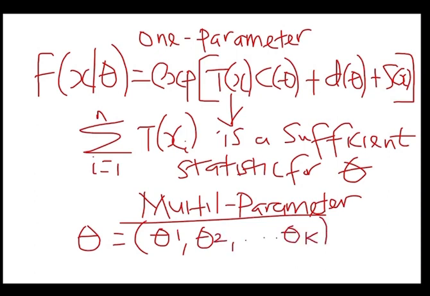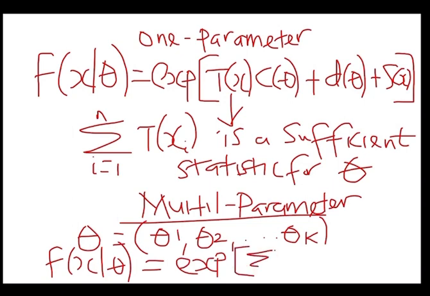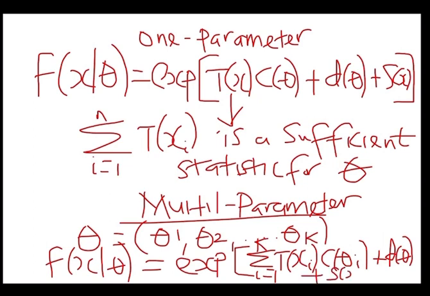My f of x given theta is going to be that, and I'm going to have the summation, with i going from 1 to k. I'm still going to have d of theta plus s of x.